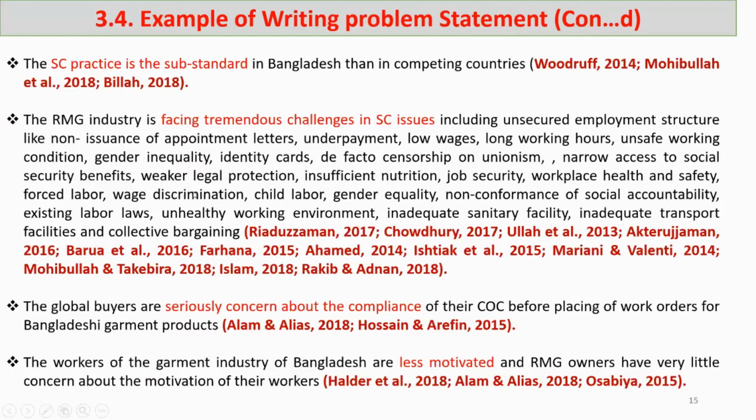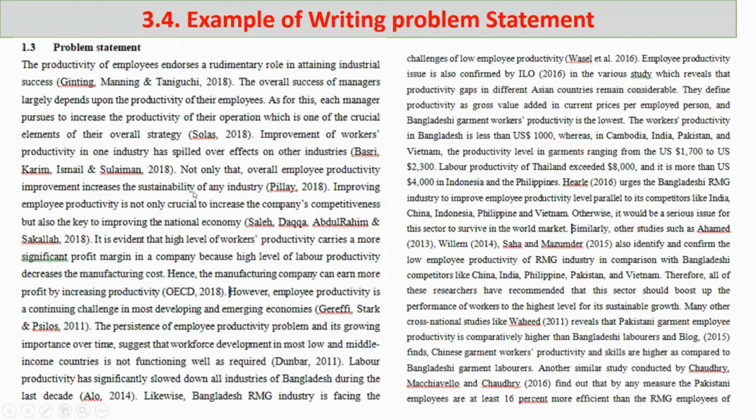So how to write the problem statement. See, the productivity of employees endorses a rudimentary role in attaining industrial success. Who said so? This is the reference. The overall success of managers largely depends on the productivity of their employees. Giving some background: for this, each manager pursues increasing the productivity of their operation, which is one of the crucial elements of their overall strategy.